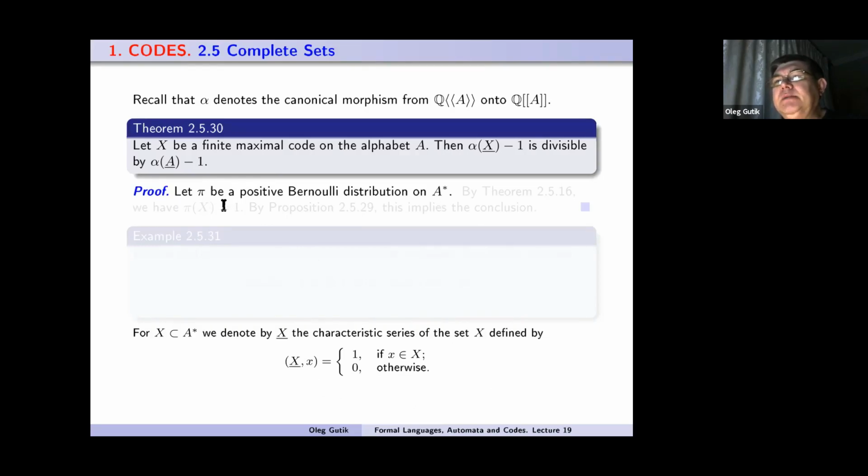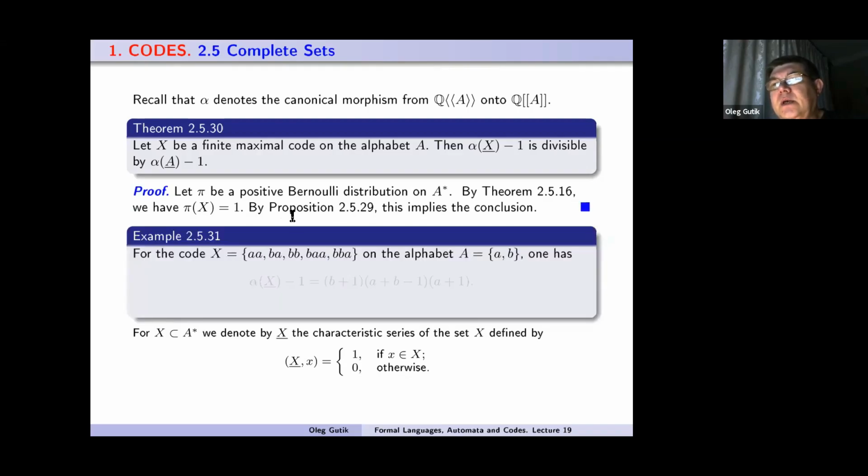So let pi be a positive Bernoulli distribution of the free monoid A capital star. By Theorem 2.5.16, we have that pi of X is equal to 1. By Proposition 2.5.29, this implies the conclusion.